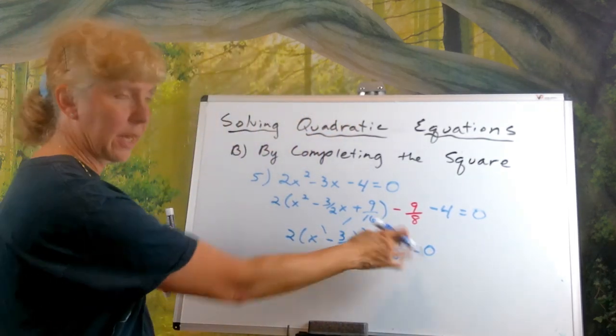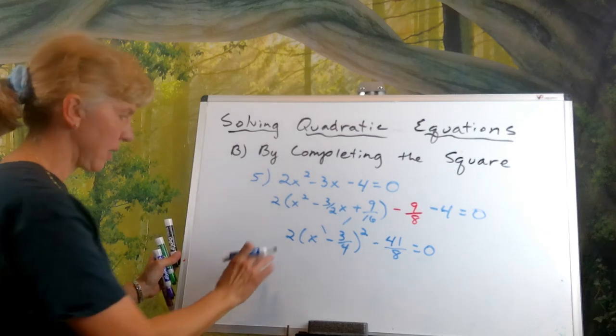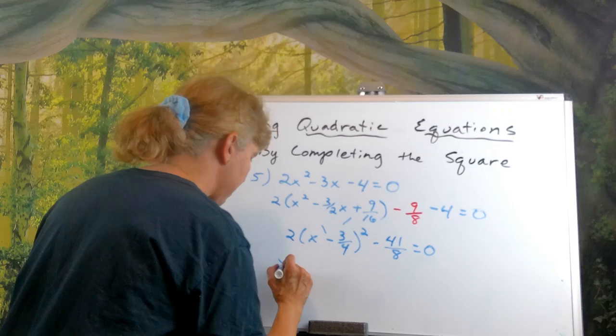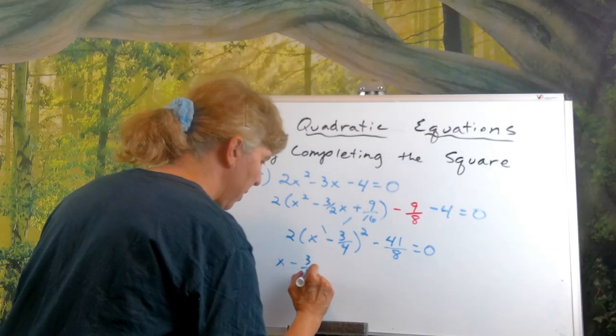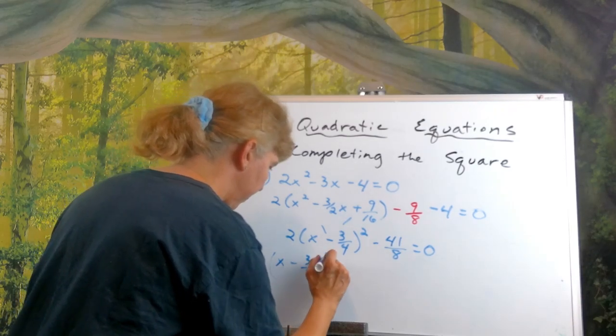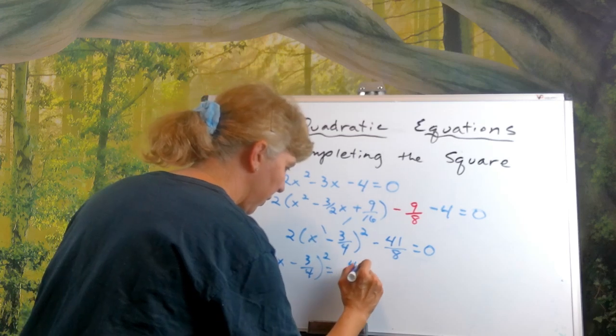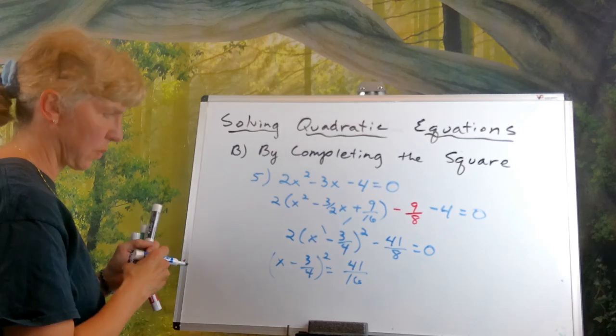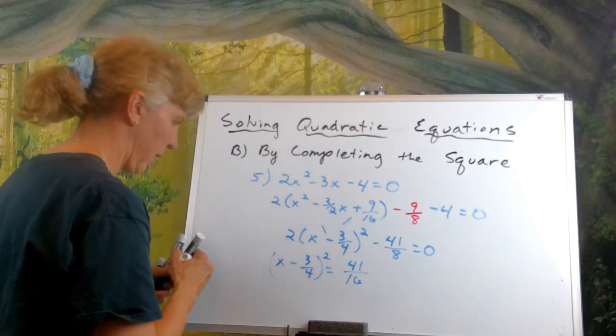Okay, I'm going to add 41/8 to both sides and divide by 2 or multiply by 1/2. So that gives me x minus 3/4 equals 41/16. Okay, I'm going to square root both sides.